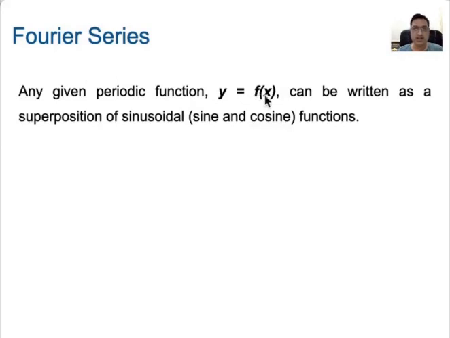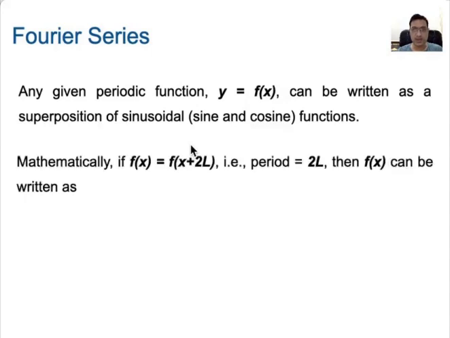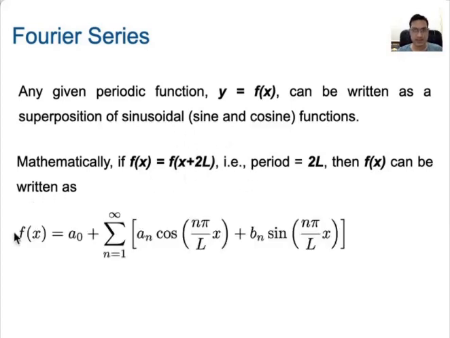This f of x, or any periodic function, can be written as a superposition of sinusoidal functions. How? He has given a mathematical form. So let's say we have a function f of x equal to f of x plus 2l, where the period of this function is 2l, then this function f of x is written in terms of the superposition of sine and cosine in the following form.